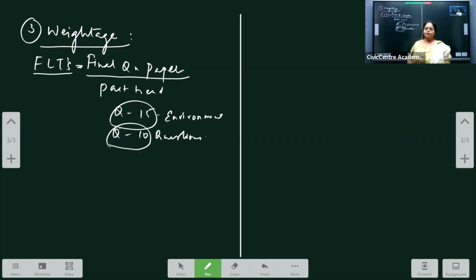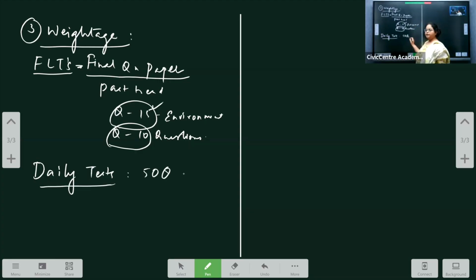So we will give you the weightage for FLTs, and we expect that the same number of questions should be reflected for FLTs. But for daily tests, it is not the same. For daily tests, if we are mentioning that we need 50 questions and we are giving you 10 themes, we expect you to make 5 questions per theme.